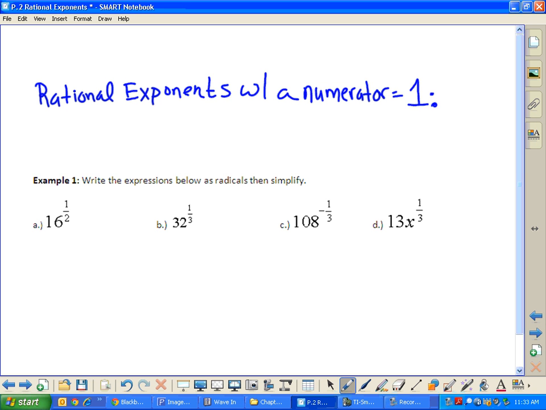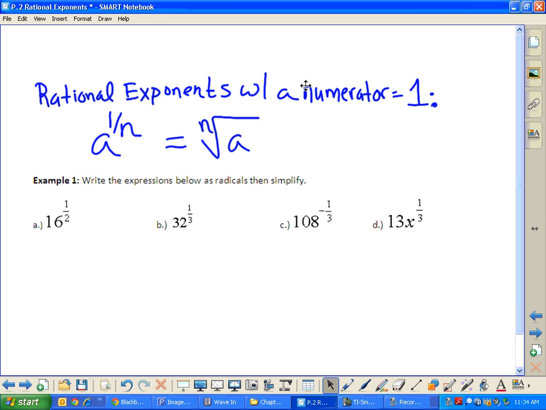So more or less, if you have a raised to the 1 over n power, n being some number that's not 0, that's actually the same as taking the nth root of a to the first, but we never really write that one there. A to the first is just a, so we don't need that anymore.